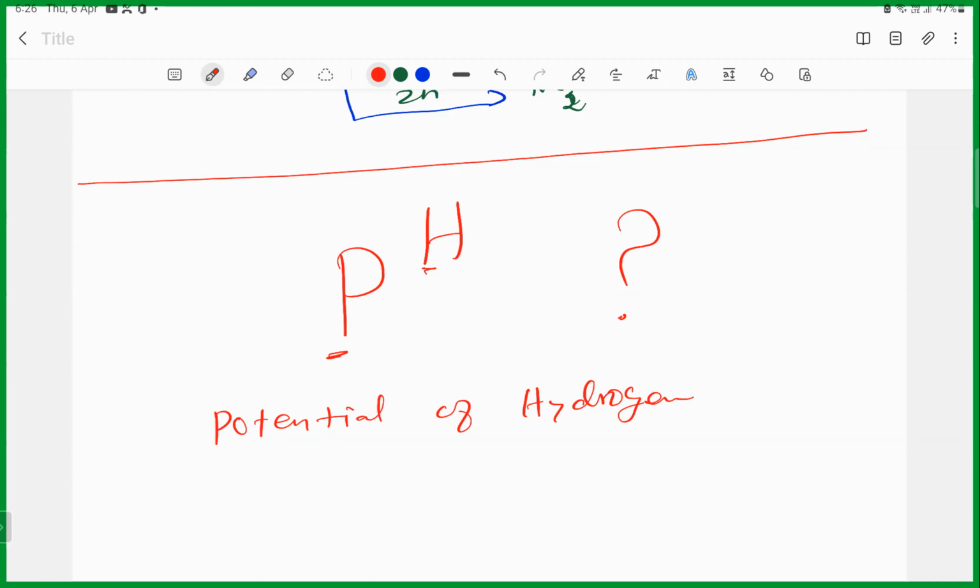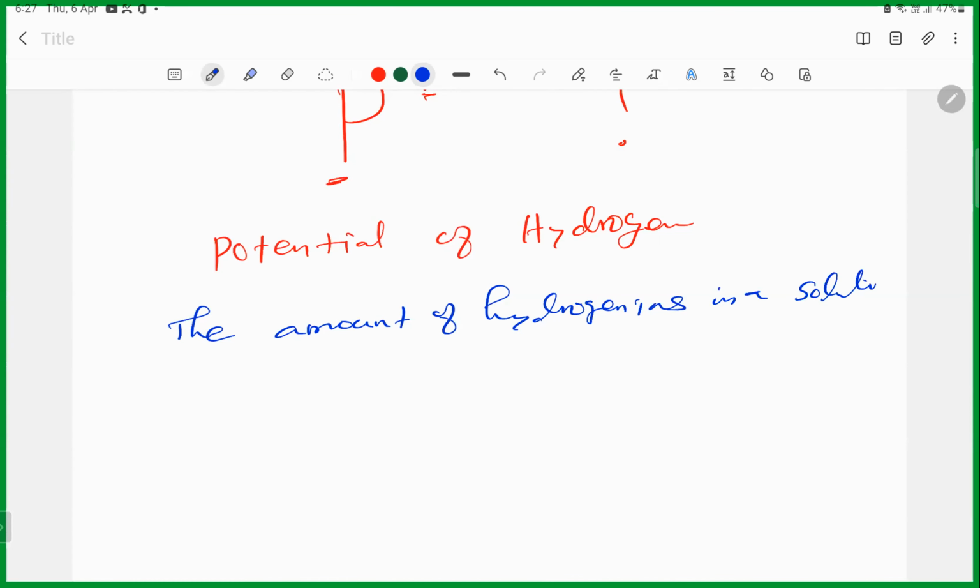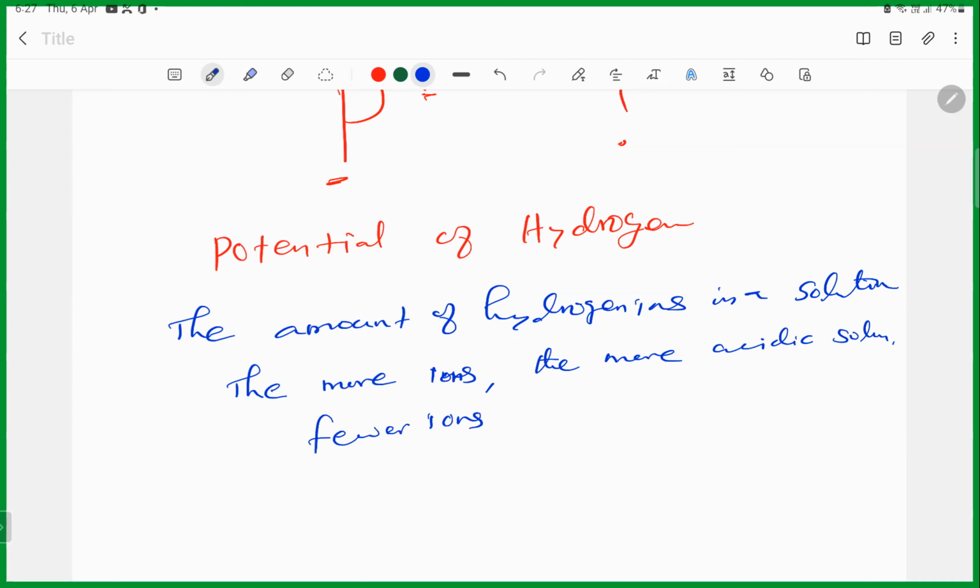Fewer ions, the more alkaline the solution, otherwise a basic solution.